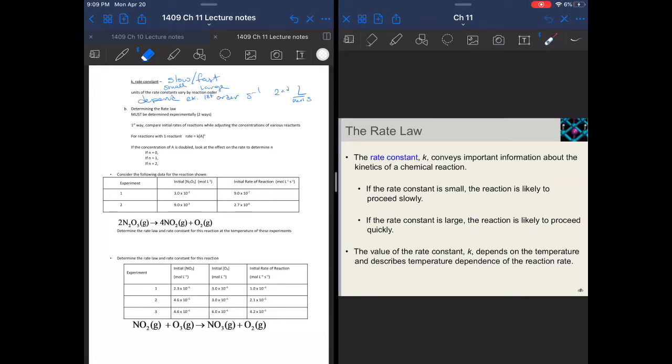Okay, so if we are going to try to determine our rate law, there are two ways. The one way is to look at graphs, and we will look at that when we get into integrated rate laws in the next video. But another way would be to look at data from performing a reaction, to look at instantaneous rates, typically initial rates, like you see right here, as you change the concentration.